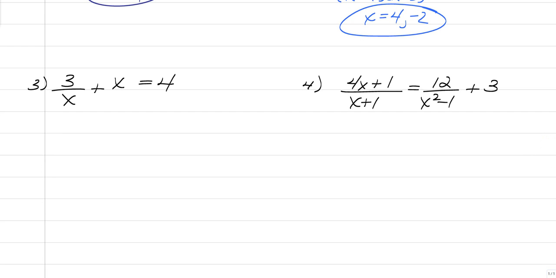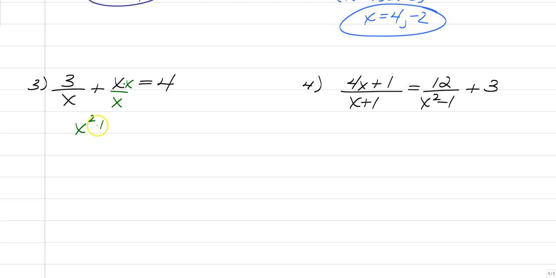Okay? So, next example here. If you want, you could just find a common denominator and just set it equal to 4 when you're done. So I'm showing you the other way now. So you would combine just this side, and that would give you 3 plus x squared.